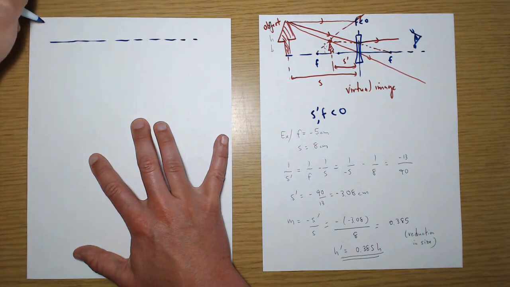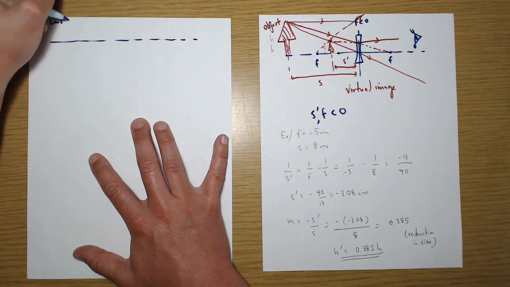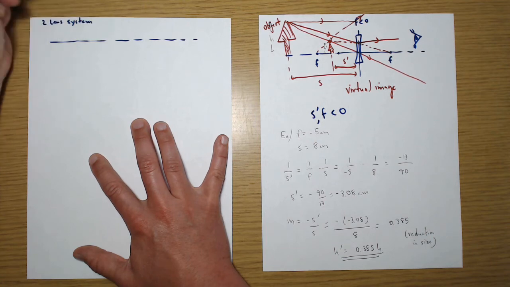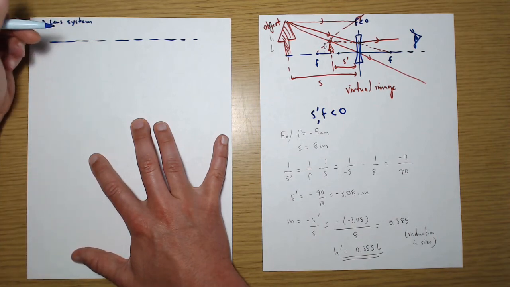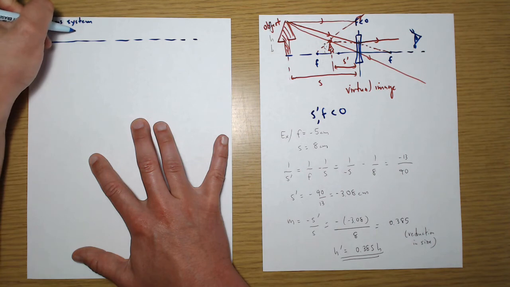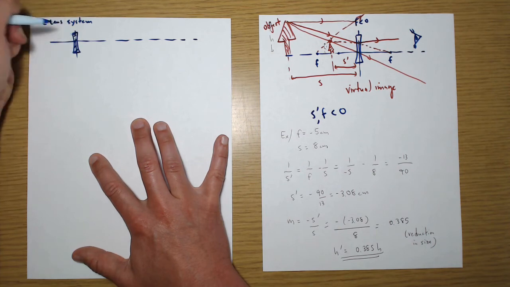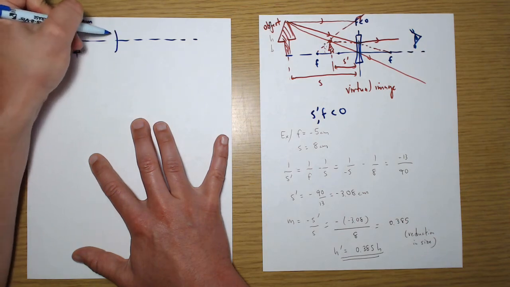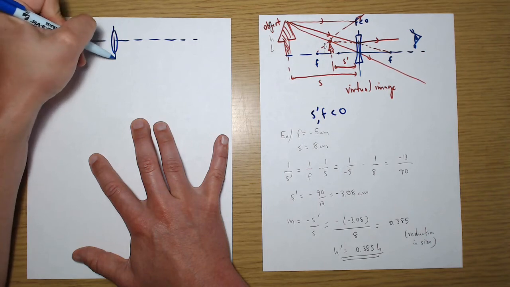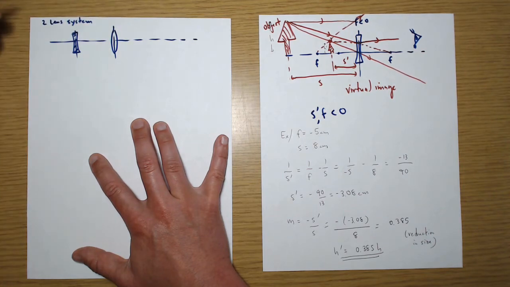Well, let me answer that question the following way here. Let's say that, first of all, I have a diverging lens. And then over here, I have a converging lens. And right here, I have an object.